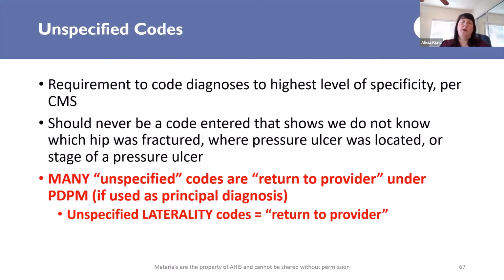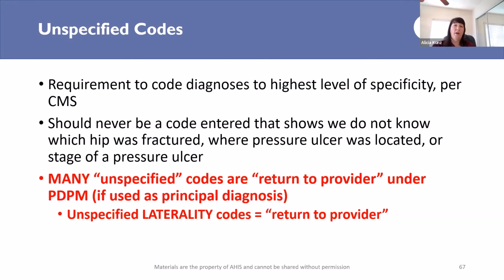Unspecified codes: you are instructed throughout the coding book to code to the highest level of specificity that your physician is documenting. You don't want to use codes that are unspecified if you have information that will let you assign a more specific code.